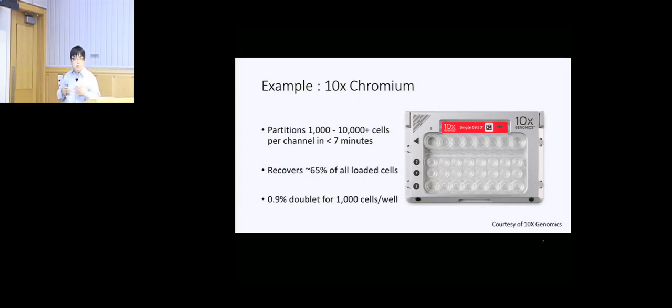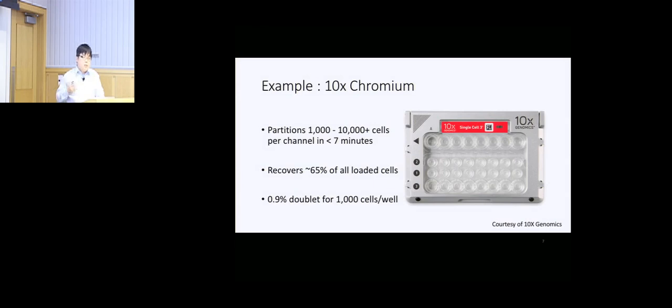So the 10x Chromium platform is a very easy to use platform that can partition thousands or tens of thousands of cells in a very short period of time, and it recovers up to 65% of loaded cells. And if you load about 1,000 cells per well, you're going to have about 1% of doublets.